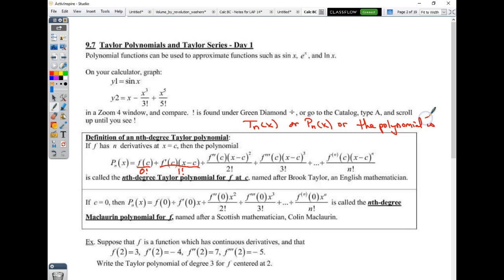Or I'll call it the polynomial is. Or I just won't use a name at all. You are expected to use one of those outcomes: t sub n of x, p sub n of x, or the polynomial is. You are not allowed to use anything else. The naming conventions are incredibly picky here.